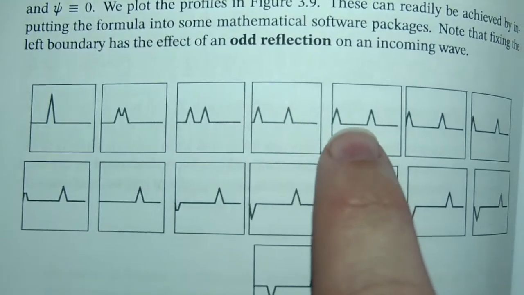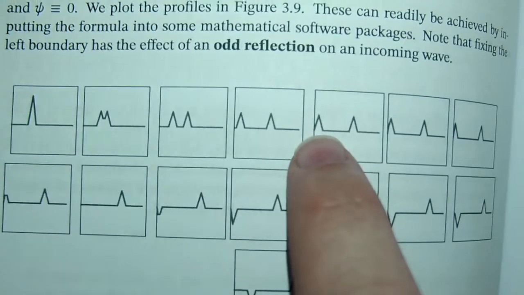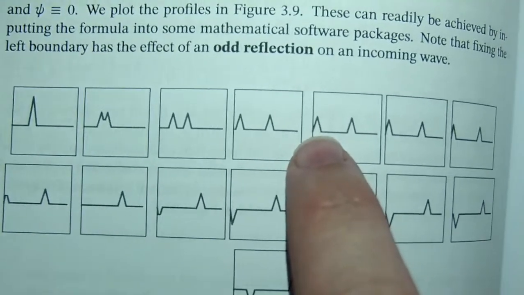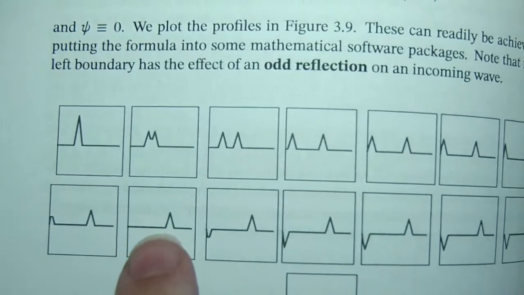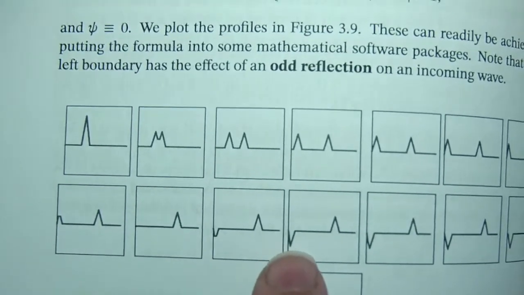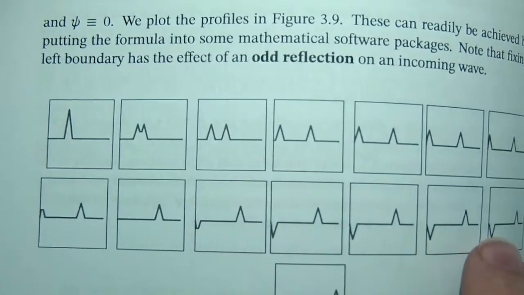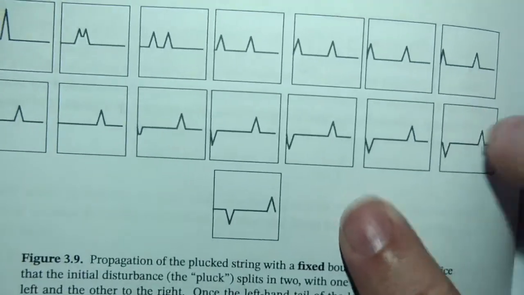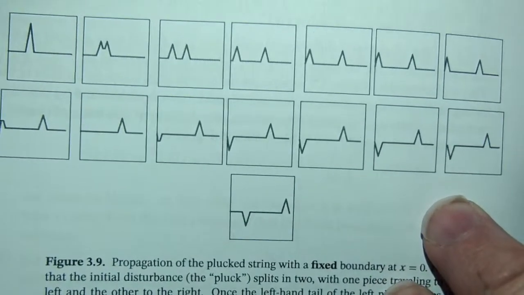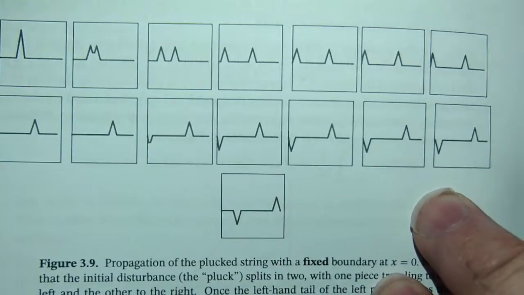But what happens when the wave traveling to the left gets to the fixed end? It is reflected in this fashion and starts moving to the right. There we go, so have a look at that image.